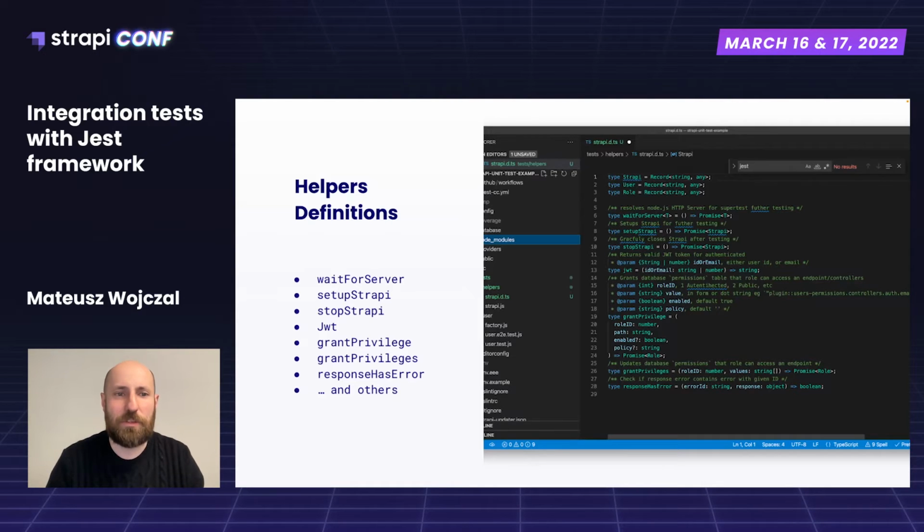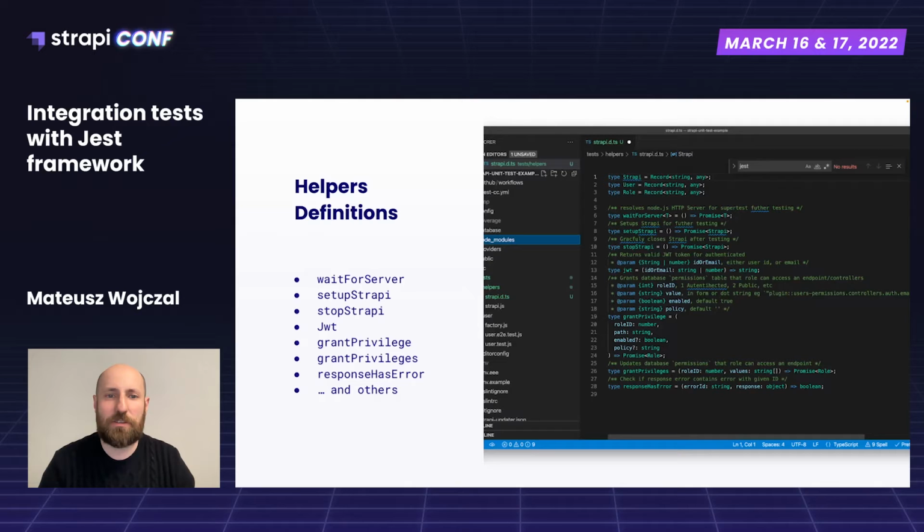The JWT helper allows me to fetch the JSON Web Token for a particular user to send to an endpoint as an authorization token. The grant privilege and grant privileges helper allows me to set up what kind of privileges will be attached to a particular endpoint method.